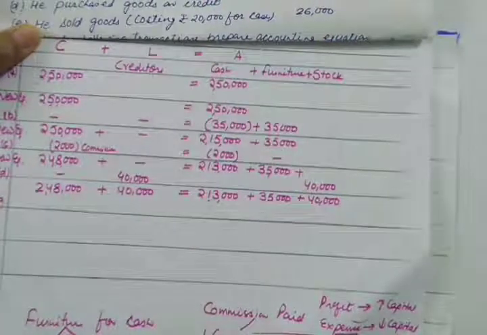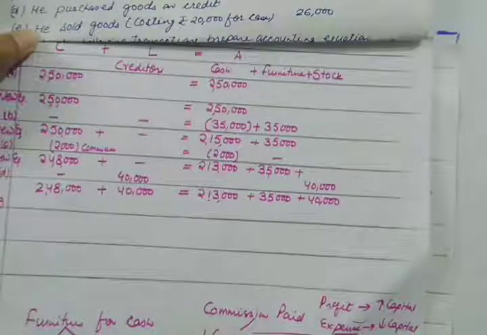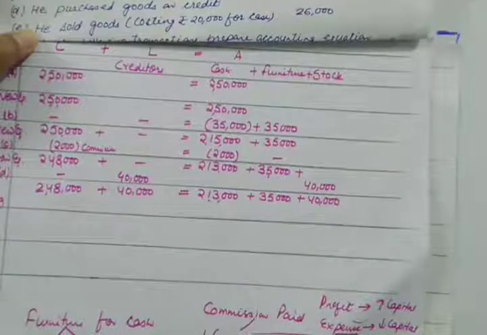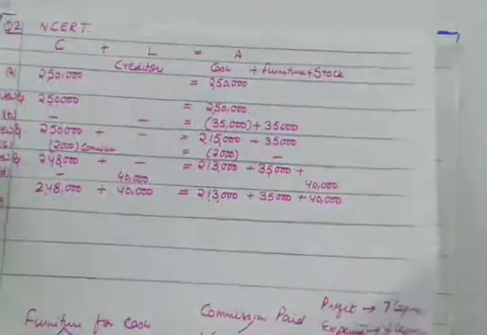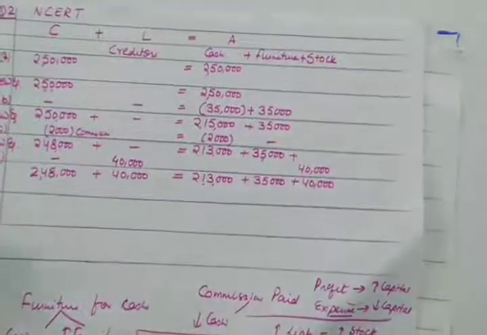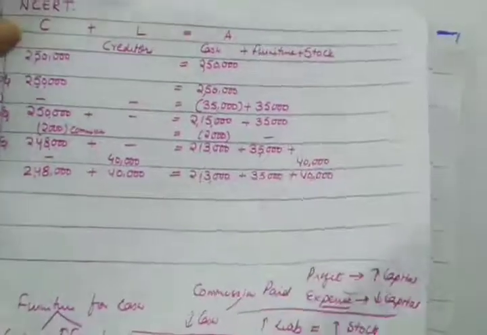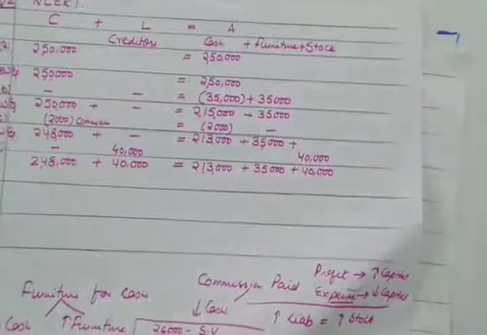So what is happening here? He is selling goods for 26,000. This is the sale value. I hope you will be able to see the working notes.